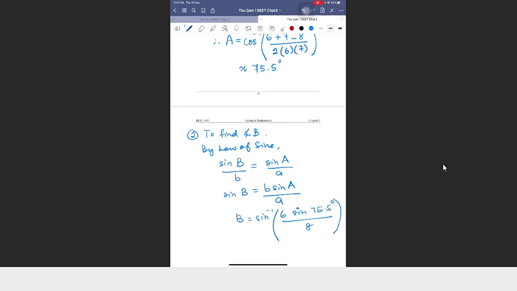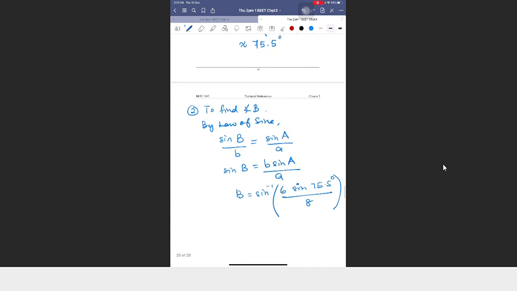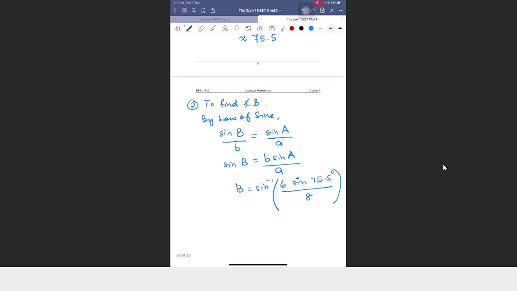So this is what you need to compute to find angle B. If you do that, you will get roughly, again to one decimal place, 46.6.